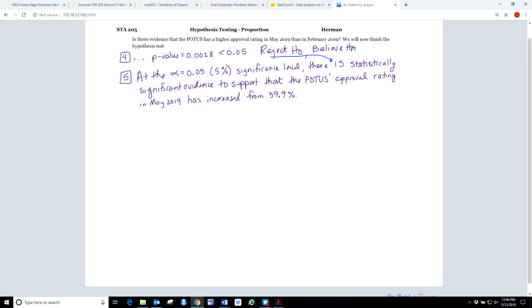So the president should be happy to know that his approval rating had increased. That's what our data supports.